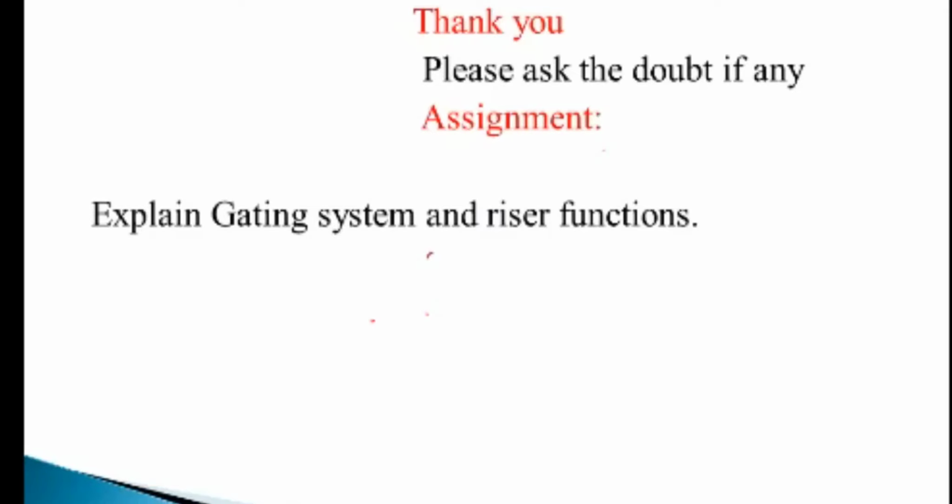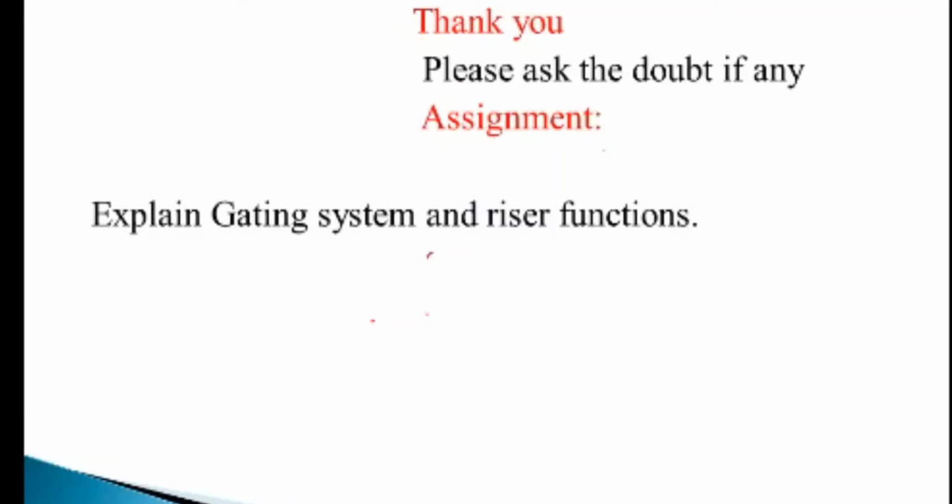The gating ratio is an important factor here. The gating ratio from the beginning, where the metal is entering, to the end, at the gates, should be in decreasing order so that metal can flow easily.